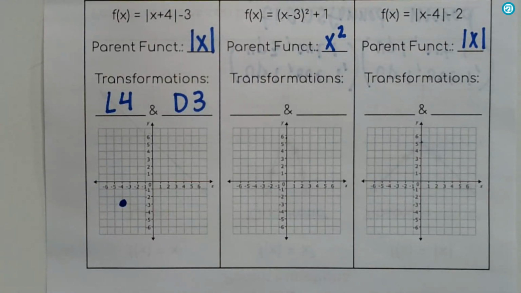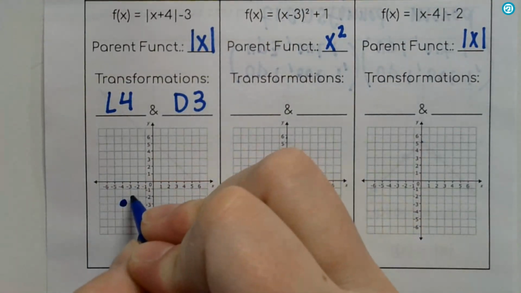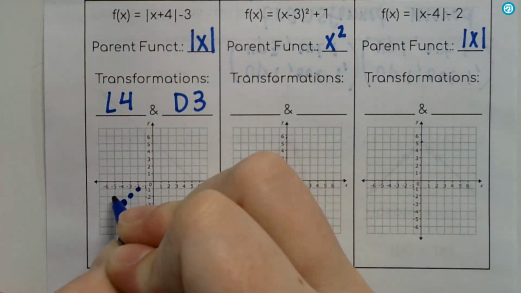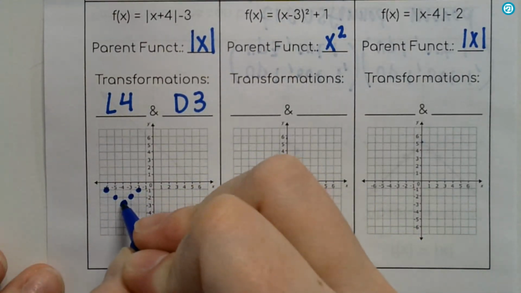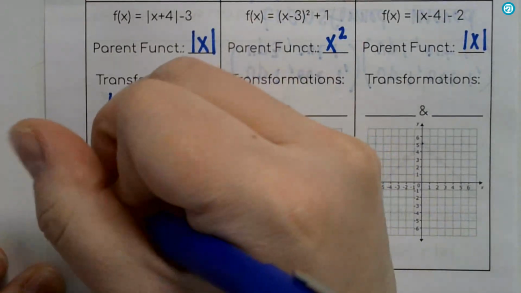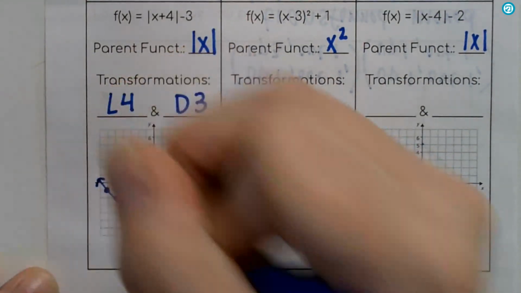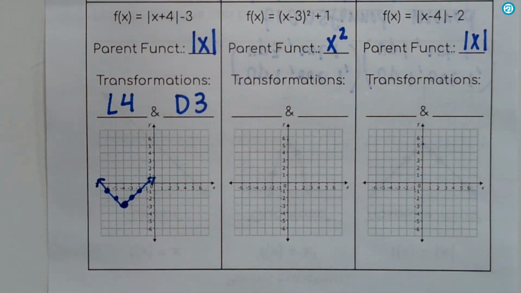And then our function needs to be the absolute value one, which is our V-shaped one. So I go up 1, out 1 on each side, up 1, out 1.